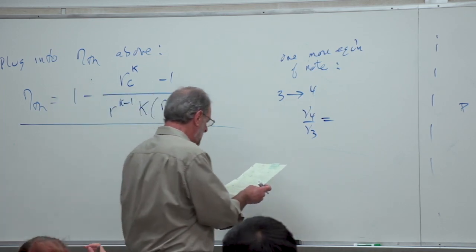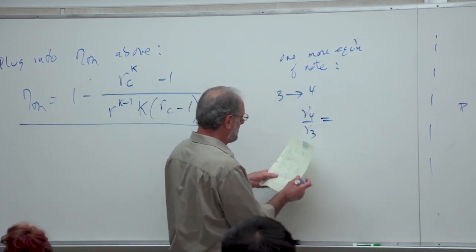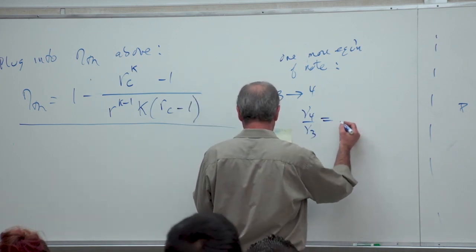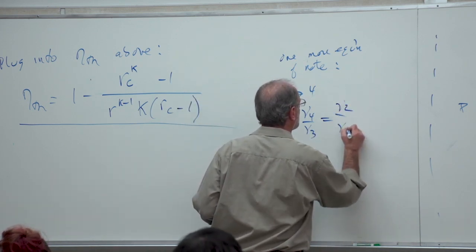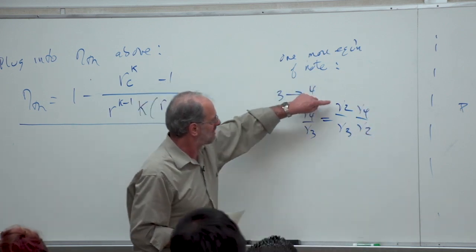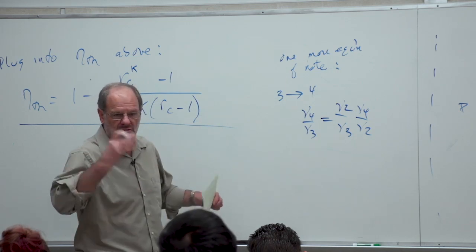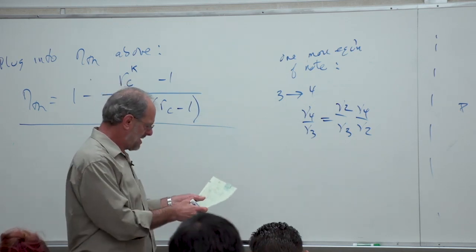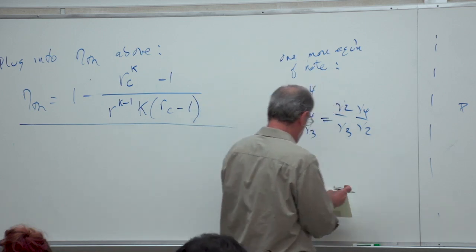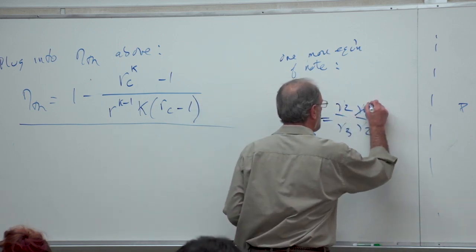So first I would note that I'm just going to take and multiply and divide by V2. So I'm going to put V2 over V3 and then V4 over V2. So again, all I've really done is multiply and divide by V2, so that changes nothing. Then I would simply like to note that V1 and V4 are the same.